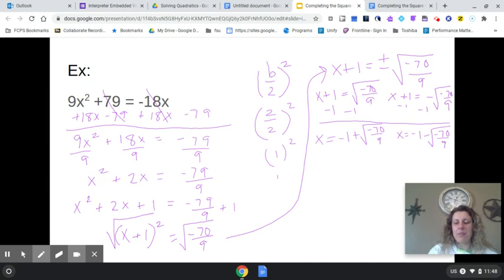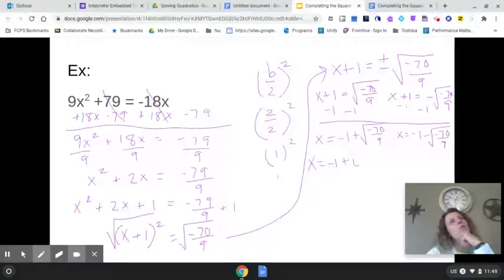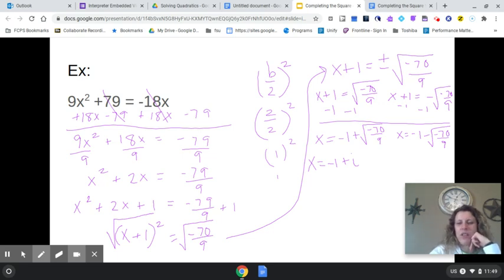We need to clean that up a little bit. First of all, we see a negative underneath the square root, so we're going to have an imaginary solution. I'm going to pull those i's out first. So we have negative 1 plus i square root of 70. Will that simplify? If we think about any numbers that will divide into 70 evenly, I do not believe it does. So I'm going to leave it as square root of 70, but the square root of 9 is 3.